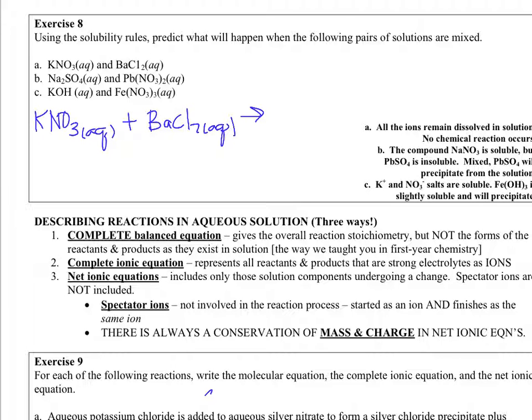And for my double replacement, another technique that we used was inside-outside. My insides form a new compound and my outsides form a new compound. So my insides, barium, has a +2 oxidation number, and the nitrate has a -1 oxidation number.